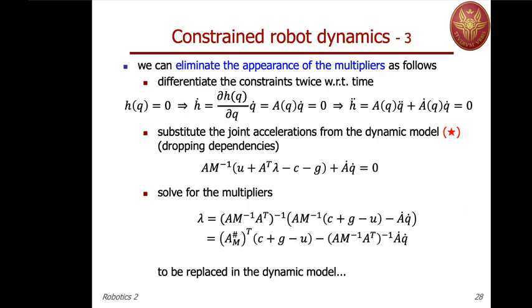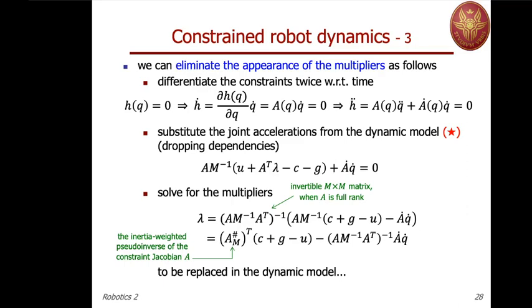Now the full matrix multiplying all the dynamic terms, including the control input u, so c plus g minus u, is nothing else than the inertia weighted pseudo inverse of the constraint.